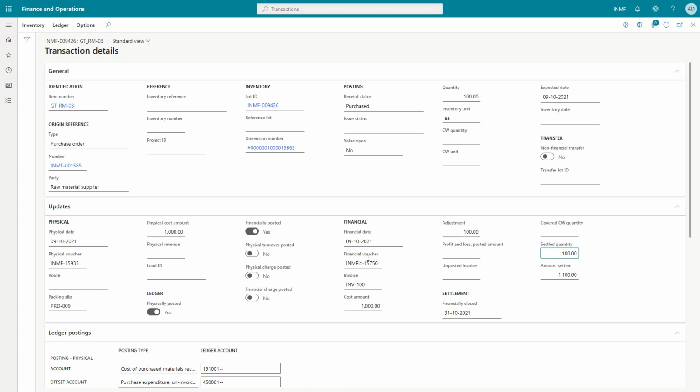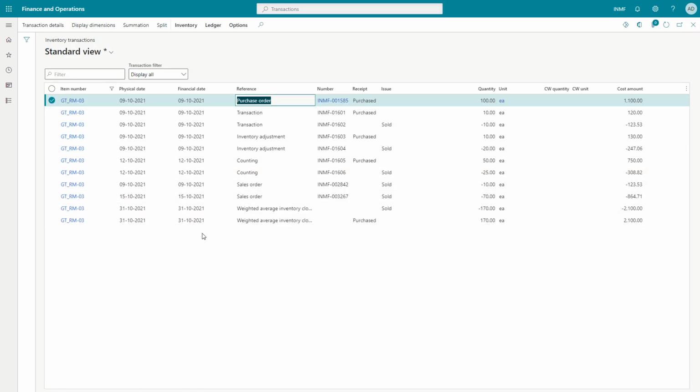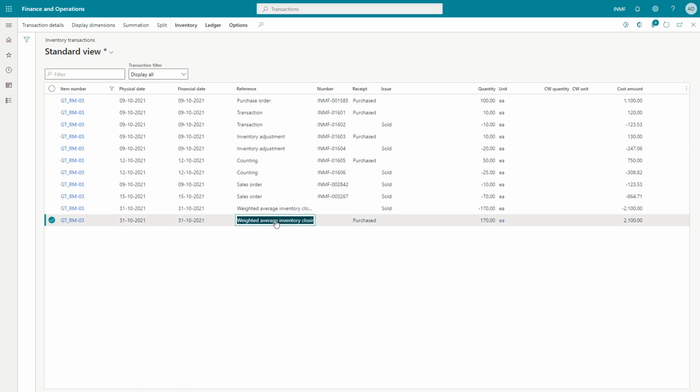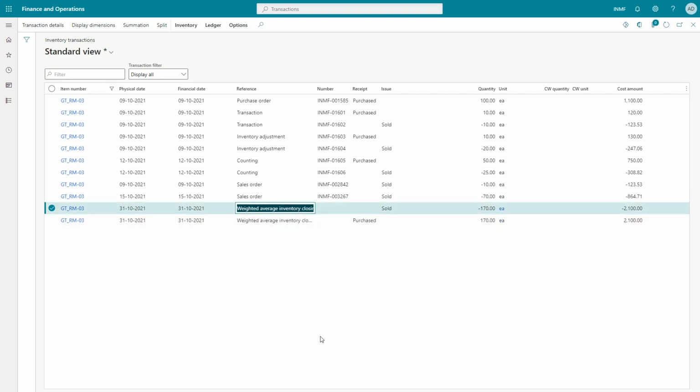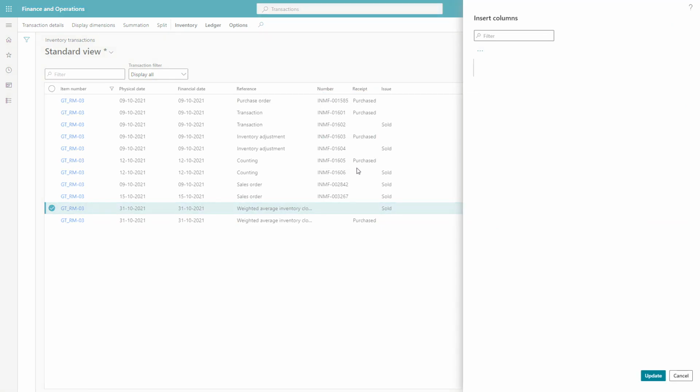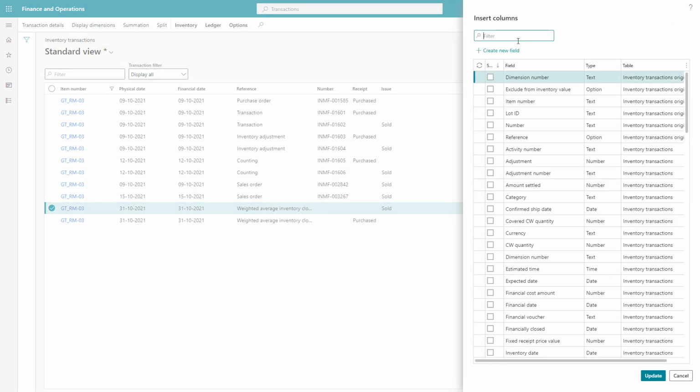Okay, so now in system, if we see this minus transaction, let us add a few more columns to demonstrate this in a proper manner.